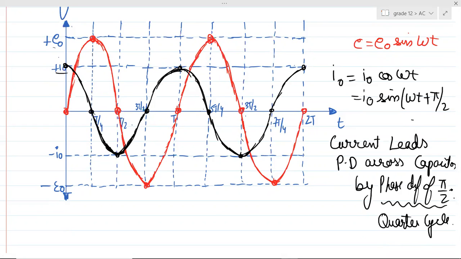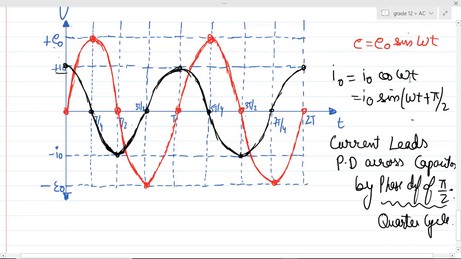Can you see the current reaches the maximum value at time t, right? Whereas the EMF reaches the maximum value at 5t by 4. So who reached first? Okay, then current. Are you getting my point? Now tell me one thing, are both of them running faster or slower, or do both of them run at the same speed?